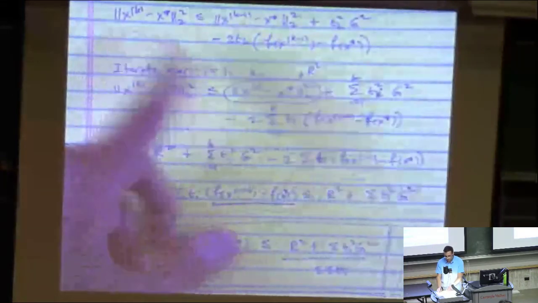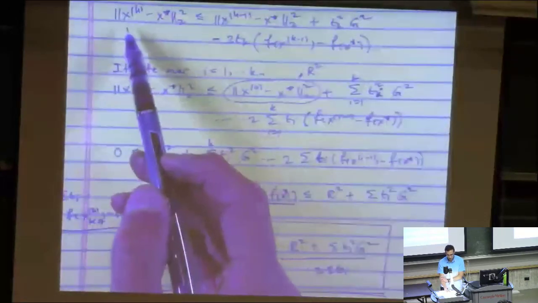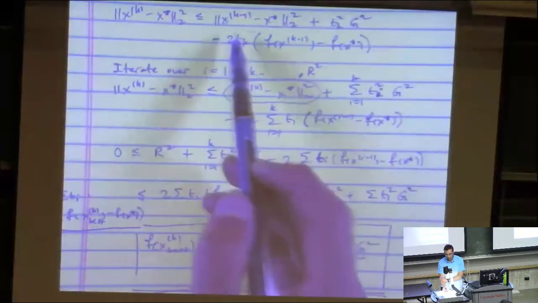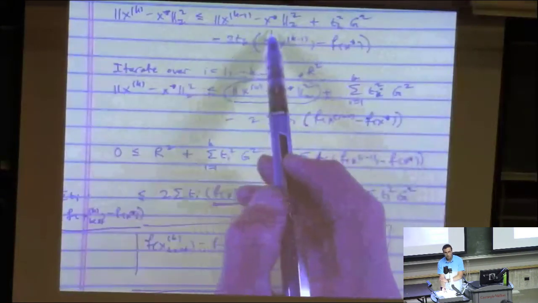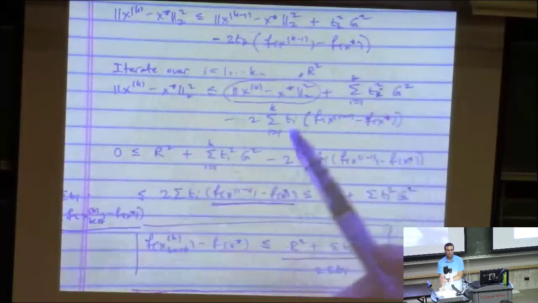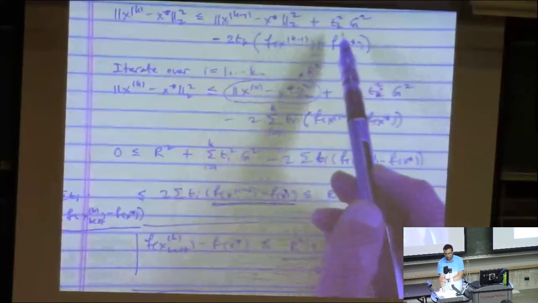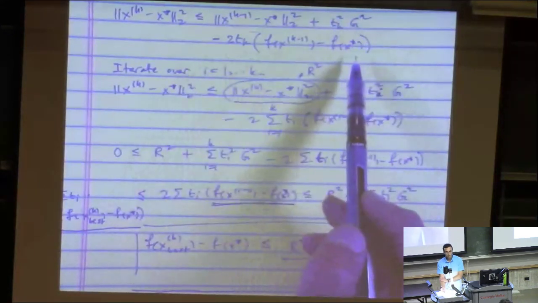So we said if k is an arbitrary iteration, then I can compare the distance between xk and xk star to what happened in the previous step plus some stuff. I'm applying the same logic to this. So this itself is upper bounded by the distance from xk minus 2 to x star plus tk minus 1 squared times g squared minus the same quantity in terms of k minus 1.